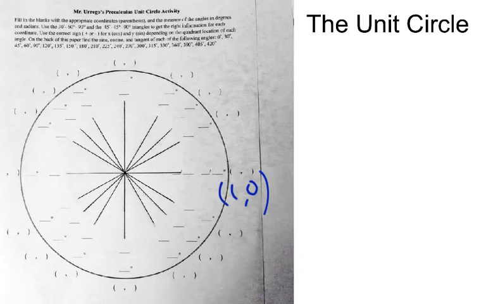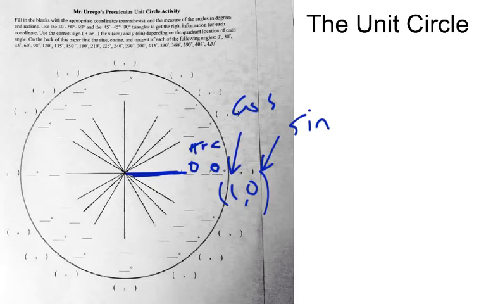But later on, whatever my value of x is will be the cosine of whatever angle I'm talking about, and the second value is going to be the sine. In this case right now, we're talking about the 0 degree angle, or in radians, pi radians.